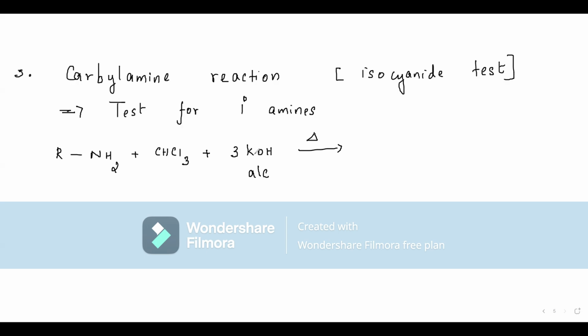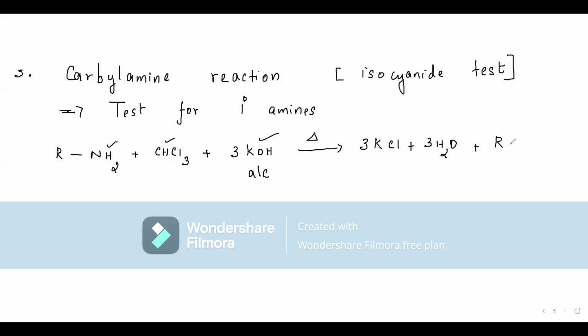Let's go logically. Potassium and chlorine together give us KCl. Now the 3 OH and the 3 hydrogens together will give us 3 molecules of water.